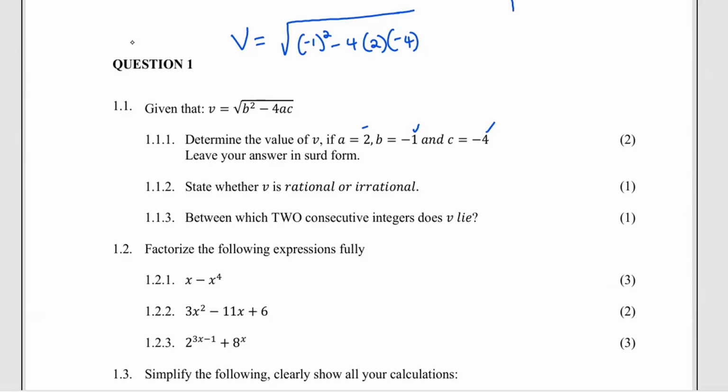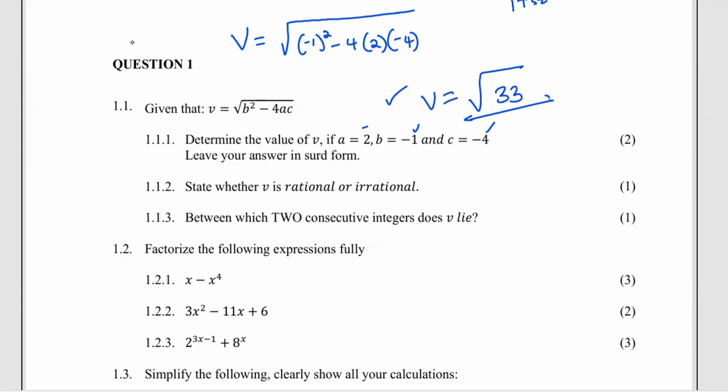And then 4 times 2 times 4 is 16, 16 times 2 is 32. So it's going to be 1 plus 32, which gives us 33. So the answer here should be square root of 33. Okay, so that is what we have for 1.1.1.